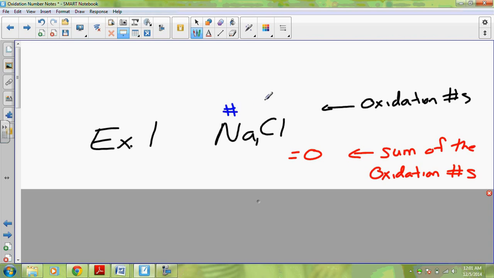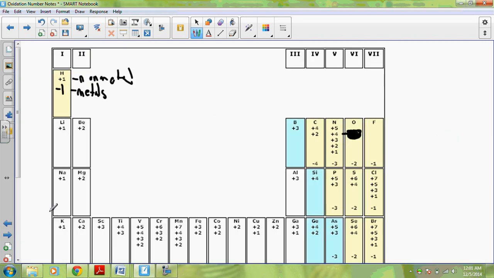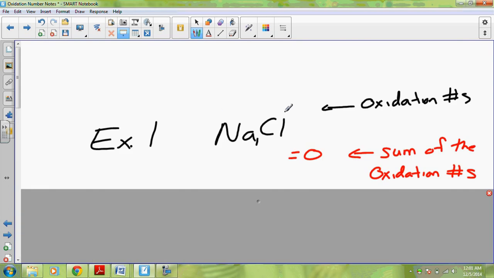These are going to be oxidation numbers above here. Those two numbers are going to be coming from this sheet right here. That purple sheet is going to give you the numbers that go across the top.